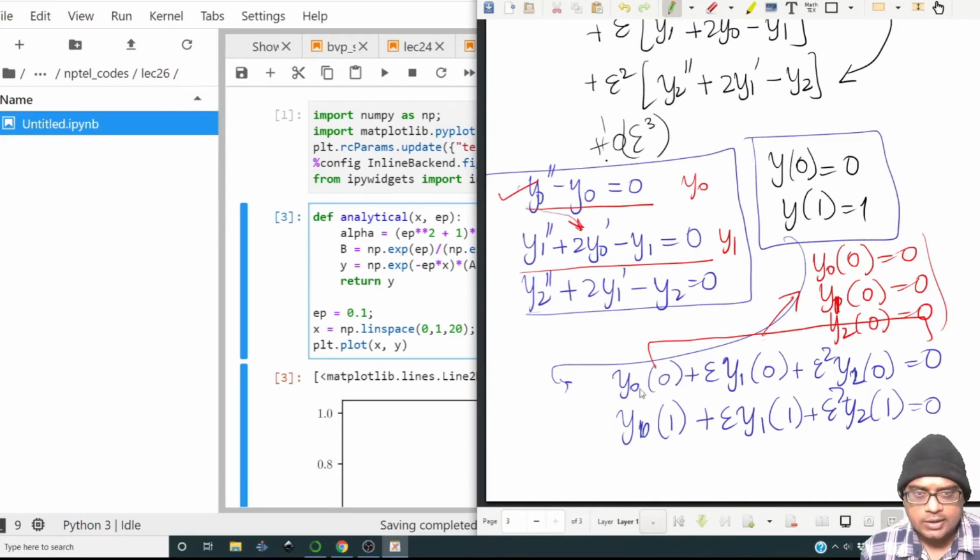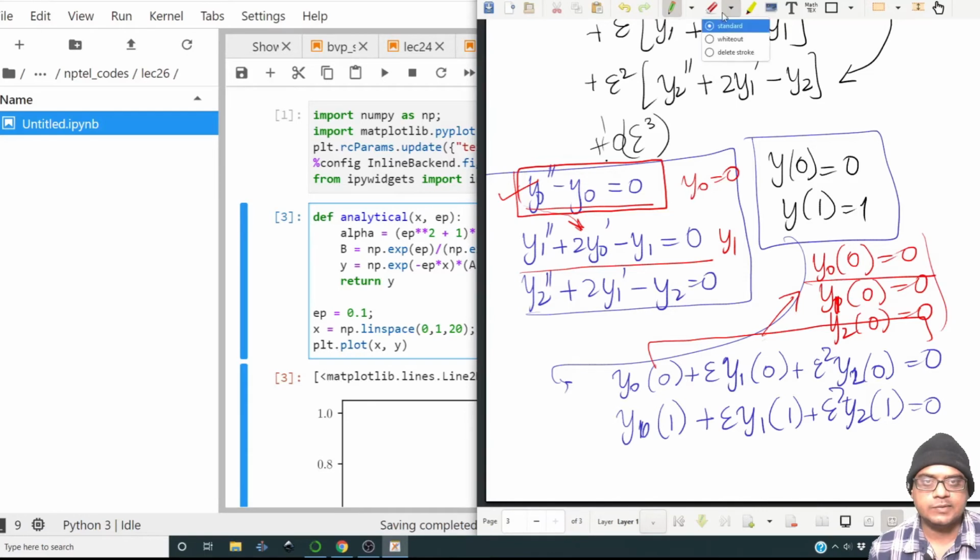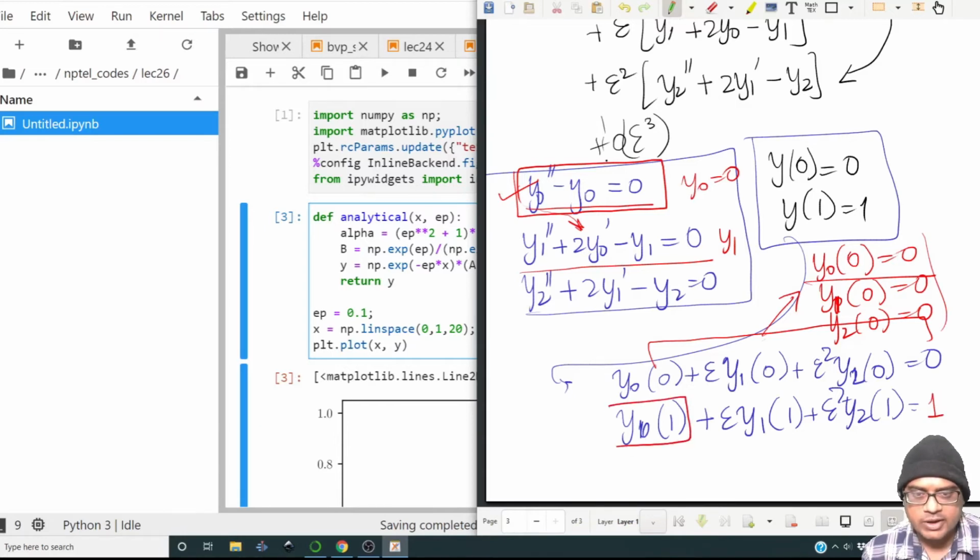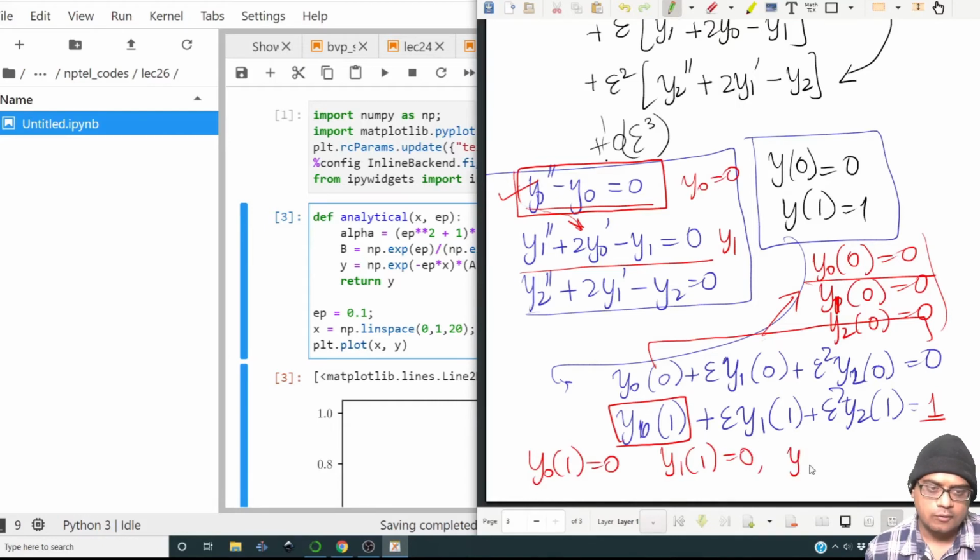Right? And what are the boundary conditions which this equation is subjected to? It is y naught at 0 equal to 0, and from this, I written this 0 by mistake, it has to be 1. So this implies y naught at 1 is equal to 1, but it implies y1 of 1 is equal to 0, y2 of 1 is equal to 0, and so on.